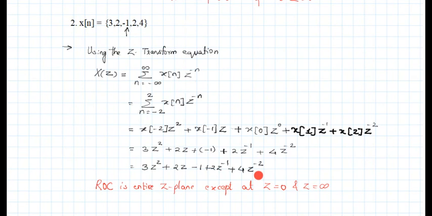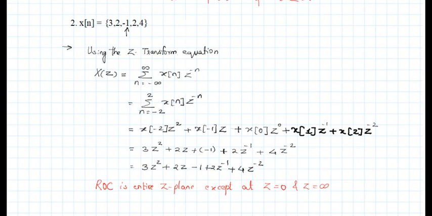Now is the time to find the ROC. This is the Z transform. We need to now mention the appropriate ROC for which the Z transform exists. We observe here that the Z transform has both positive powers as well as negative powers of Z. Looking at the powers of Z, we can easily understand for which values of Z the Z transform would become infinite.